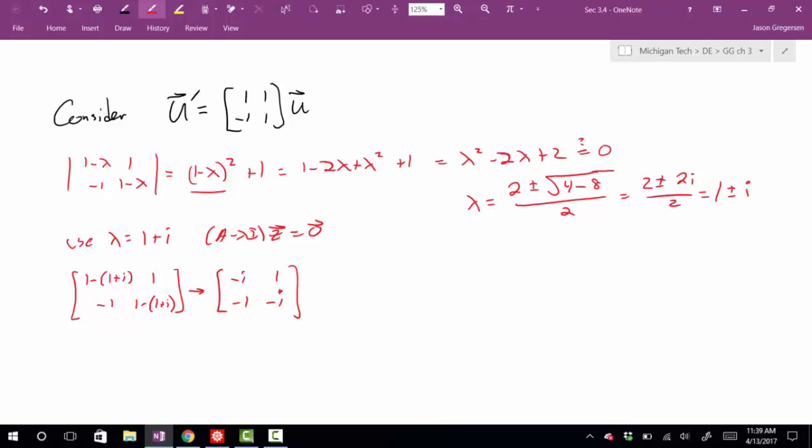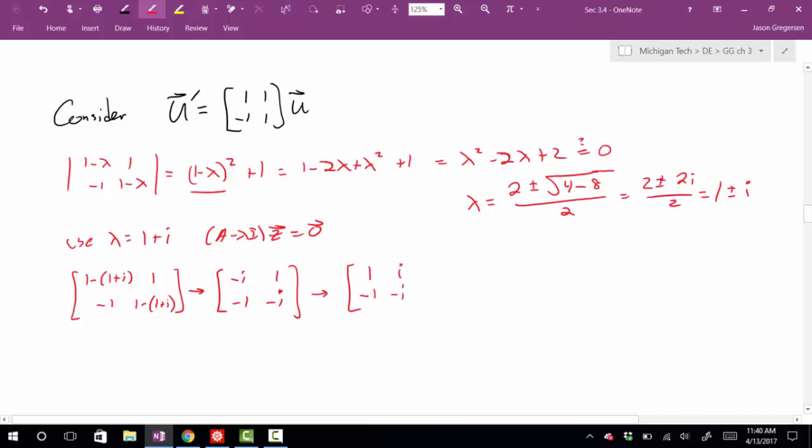What's the multiplier? To manipulate a little bit, I'm going to take the first row and multiply it by i, the complex conjugate. If I multiply that first row by i, I'll get -i times i. That's -i squared, but i squared is -1. So that would be +1 here when I multiply by i. Over here, I get i.